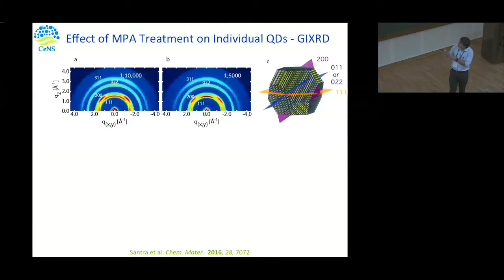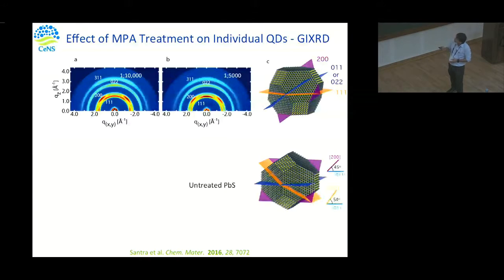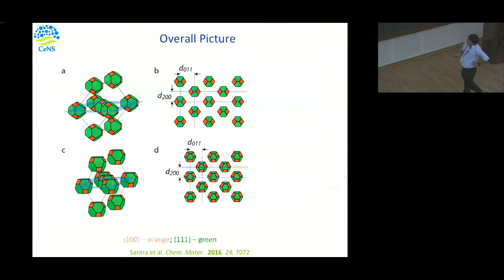That means that when we are treating this solid thin film with these small molecules, all the particles are kind of rotating within this thin film, and these planes are becoming parallel to each other. Whereas earlier this was the structure of the individual quantum dot in this quantum dot solid, in this case now the facets are oriented. Okay, so this is the overall picture we have got.